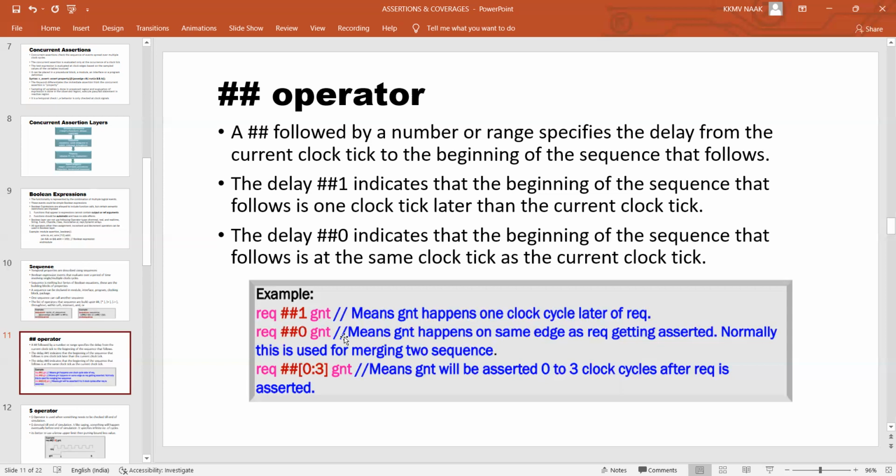Clear on what the double hash operator does? Or do you want me to explain in another way?